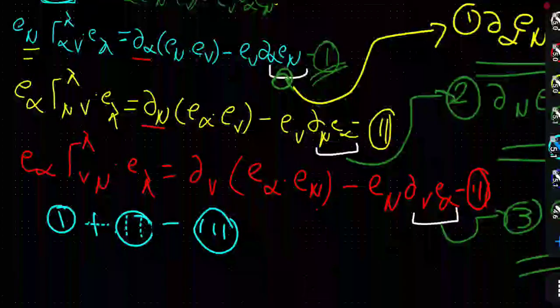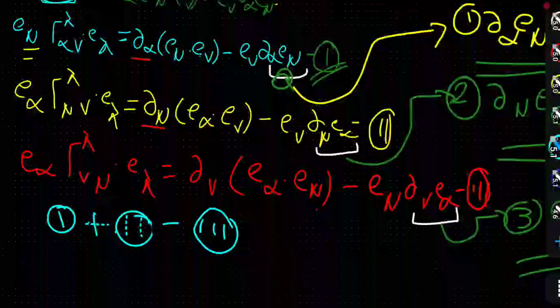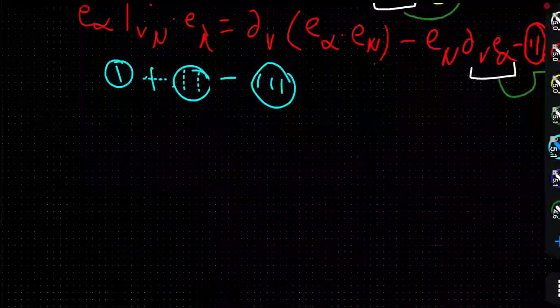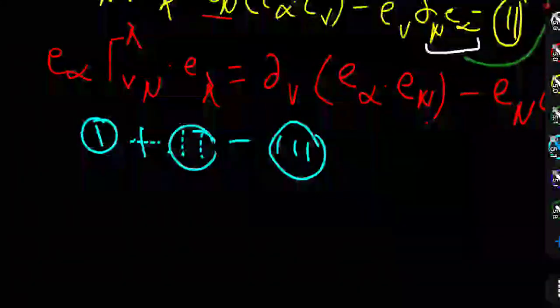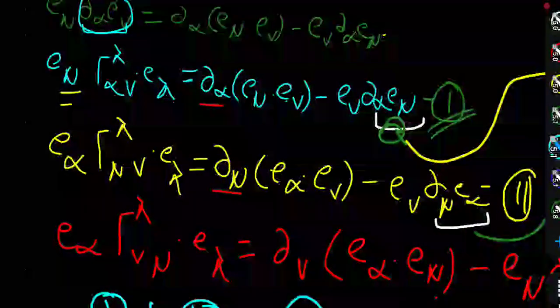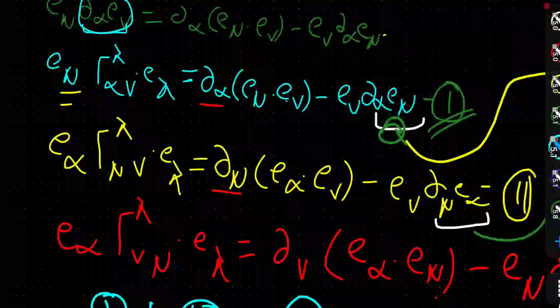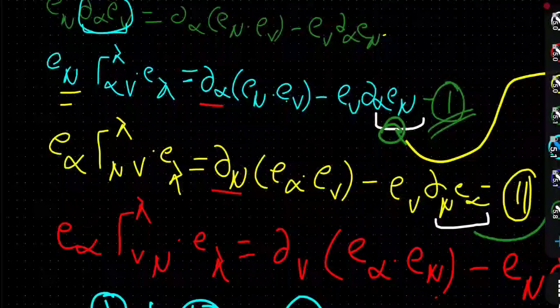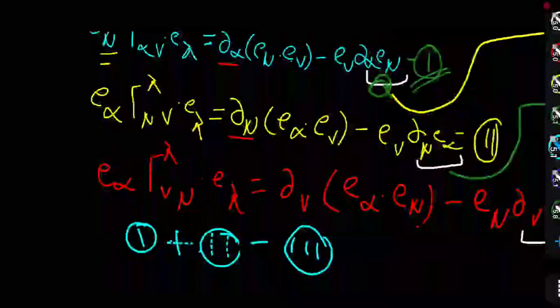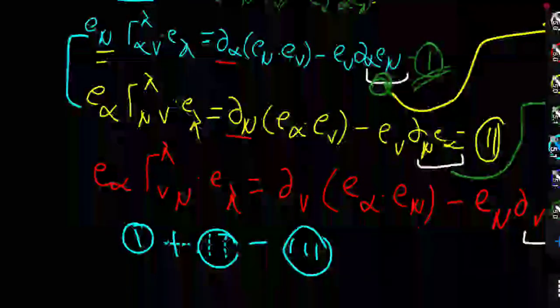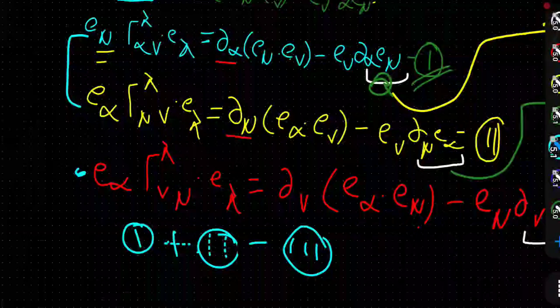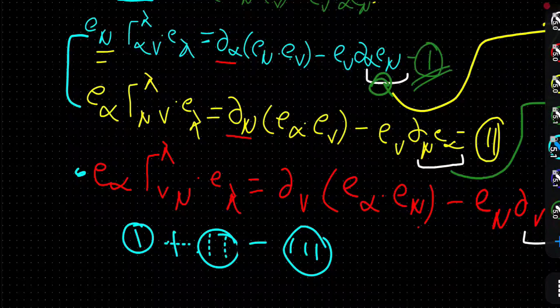This will be quite lengthy, but let me see if I can do this. I can just write out the final result, but I want to proceed even if it's very lengthy. So first of all, let me add these two and see what will happen, and then subtract with this particular one.